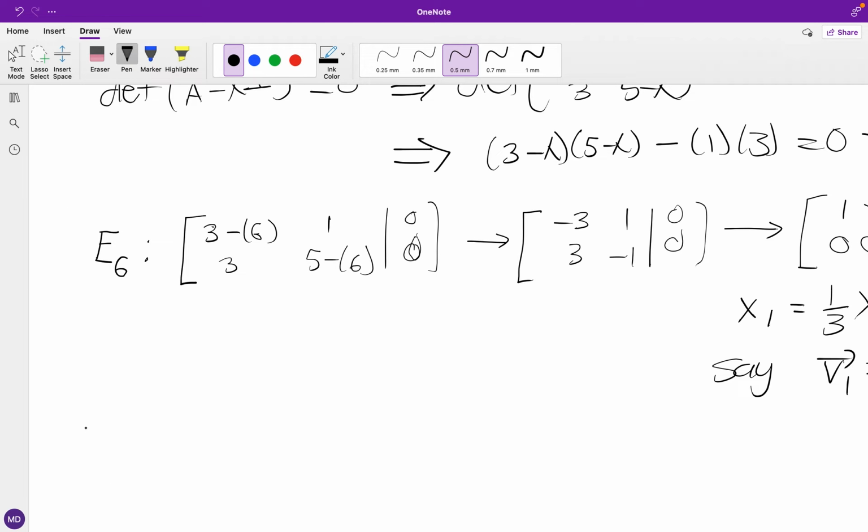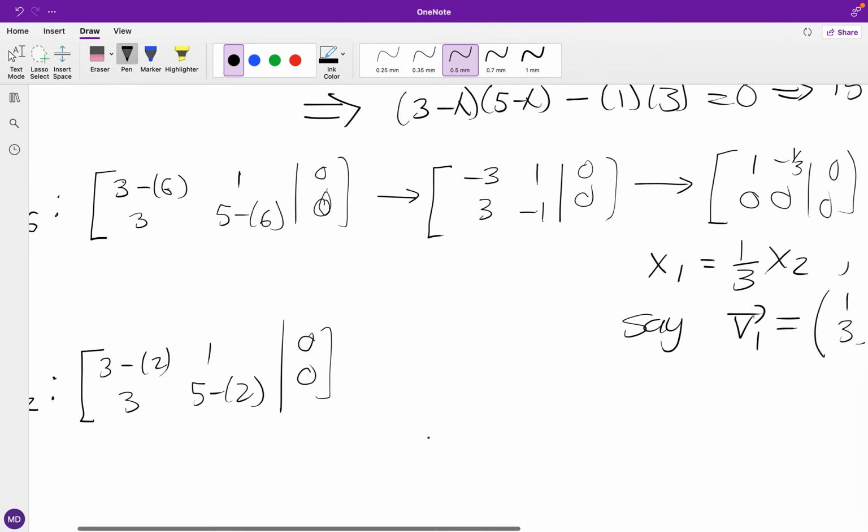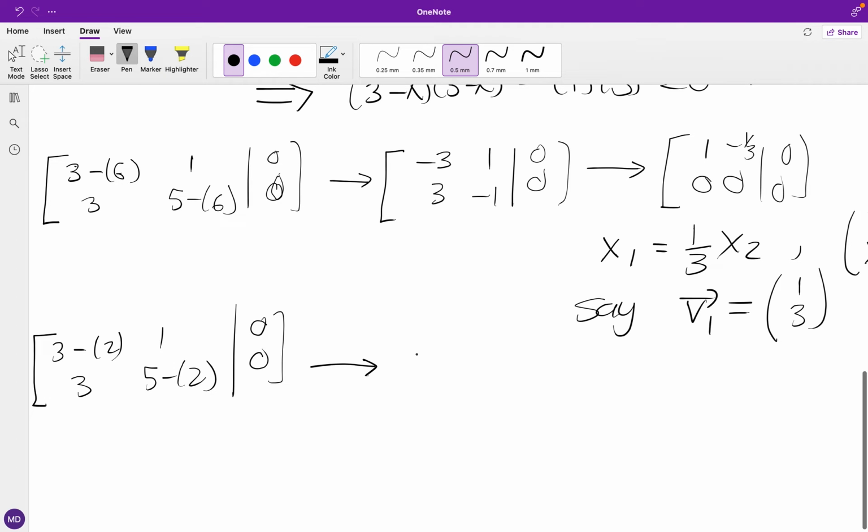Now let's solve for our second eigenvector. We're going to use the same notation here, so we're going to go with E2, because our second eigenvalue was 2. And that will be 3 minus 2, 3, 1, and 5 minus 2. Augment this with zeros here. And as you probably guessed, we row reduce.